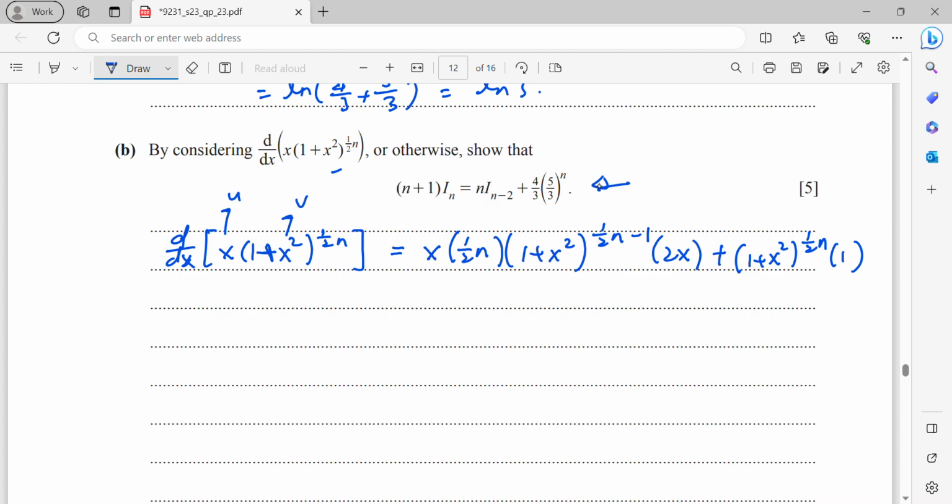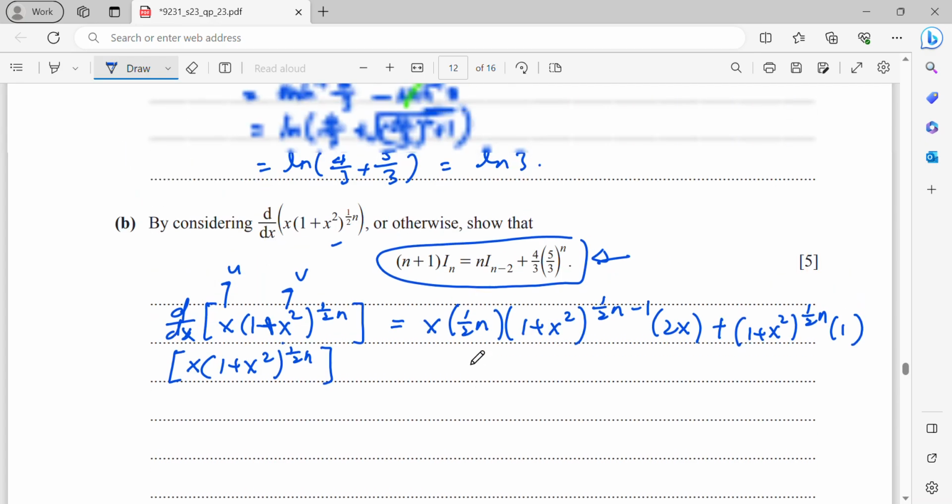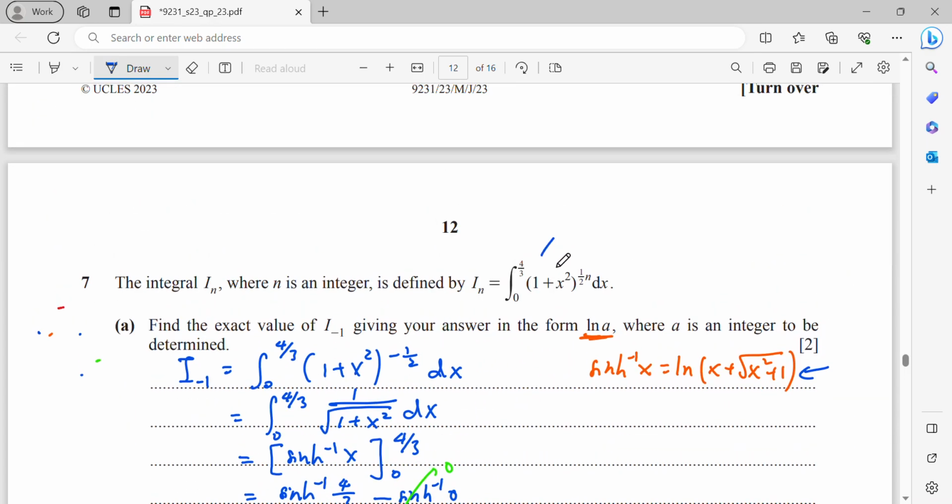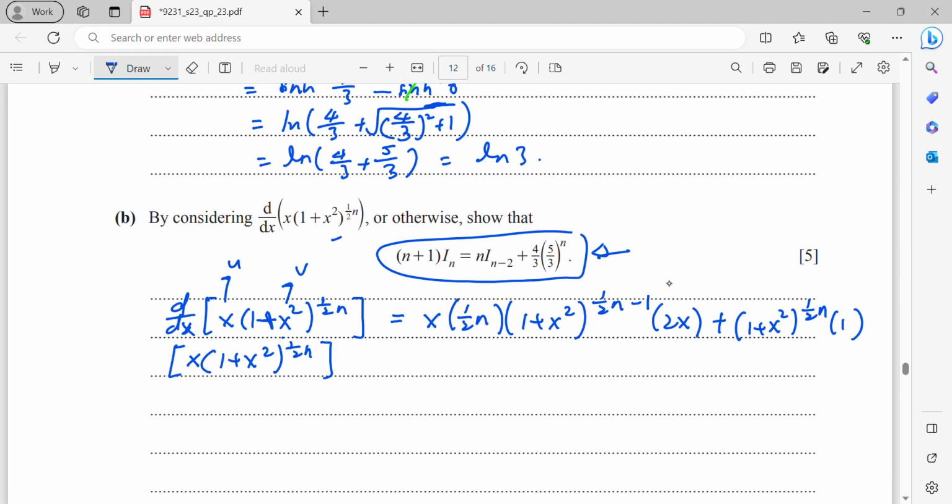Okay, so now we know that differentiating the left side gives the right side. So now we need to prove this. Whenever you see the I it means integration. So now I need to substitute the limits and integrate the right hand side. So I will be getting x with the limits. When you refer back to the I, the limits will be 0 to 4 over 3.